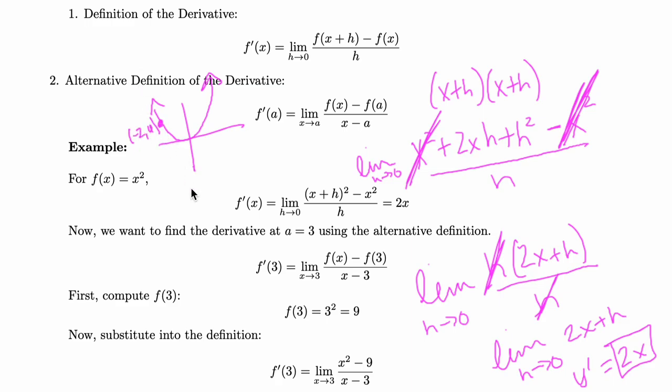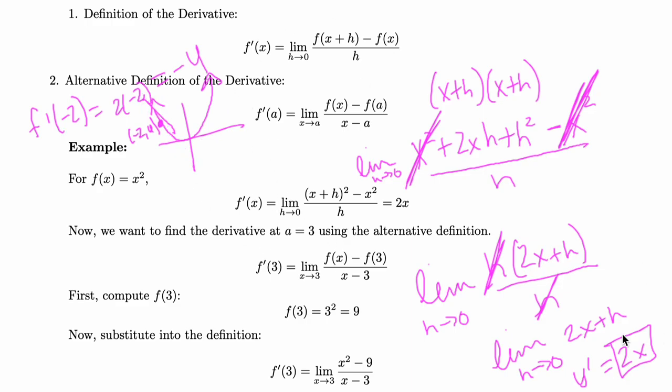If I want to find the slope at that point, all I have to do is f prime of -2, and 2 times -2 gives me -4. So at that point, my slope would be -4. So that's why it's useful. It gives us the general rule for slope anywhere along the curve.